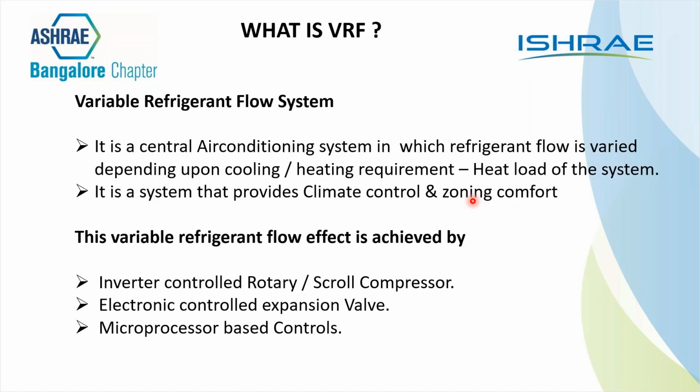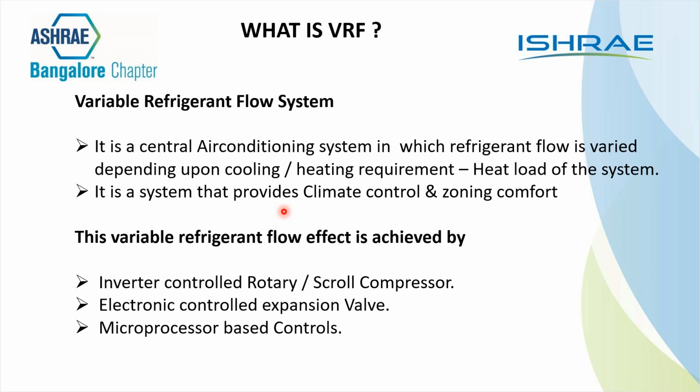So what is a VRF system? It is a central air conditioning system in which refrigerant flow is varied depending upon the cooling and heating requirement, also known as the heat load of the system or the place. It is a system that provides climate control and zoning comfort.